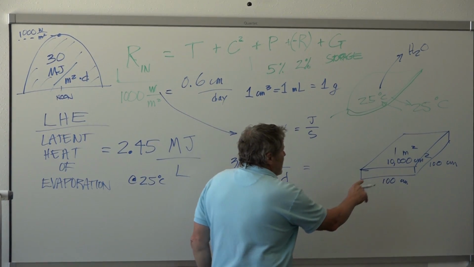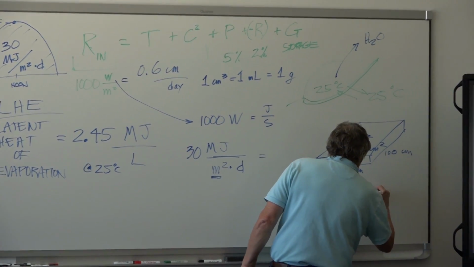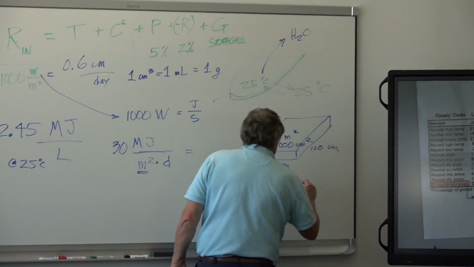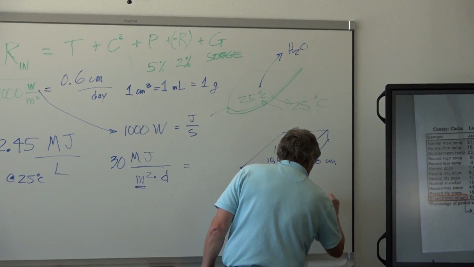So 1 liter is 10 times 10 times 10, 1,000 cubic centimeters.